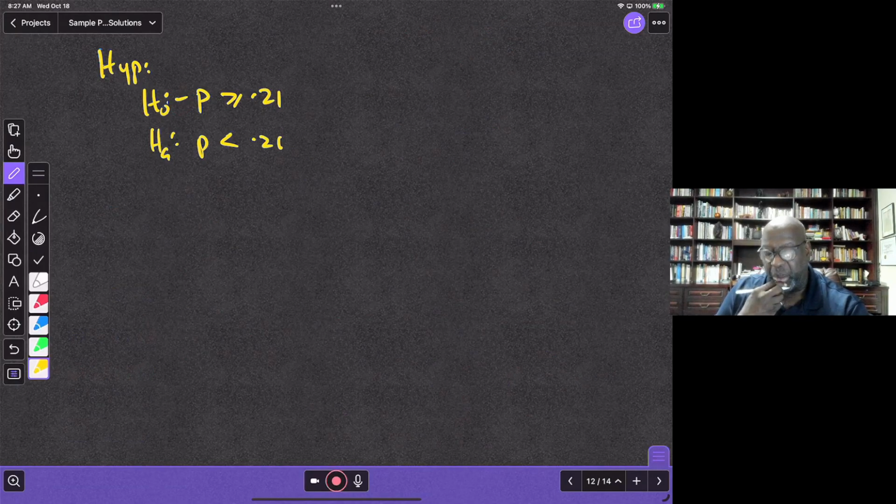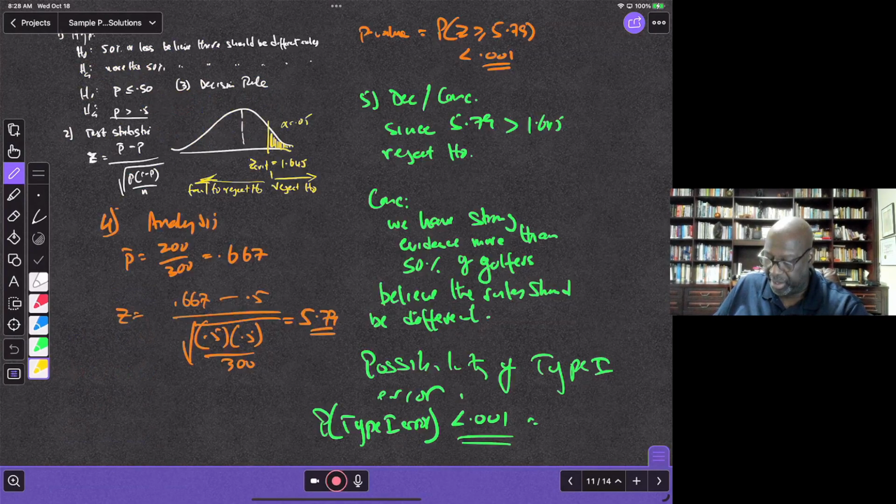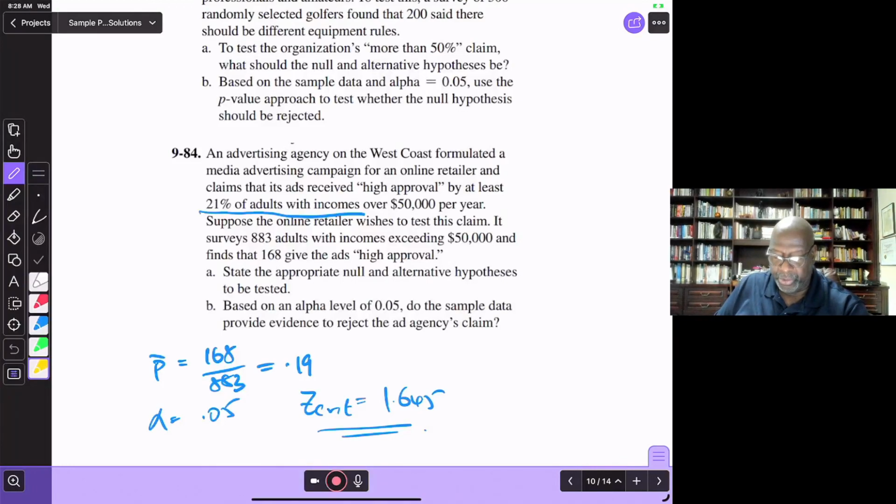Now, another reason why you want to make sure you have HA: p is less than 21%, because if we look at the data that I showed you here, you notice that our sample evidence is 0.19, which is less than 21%. So you must make your research hypothesis consistent with what the sample evidence is telling you.